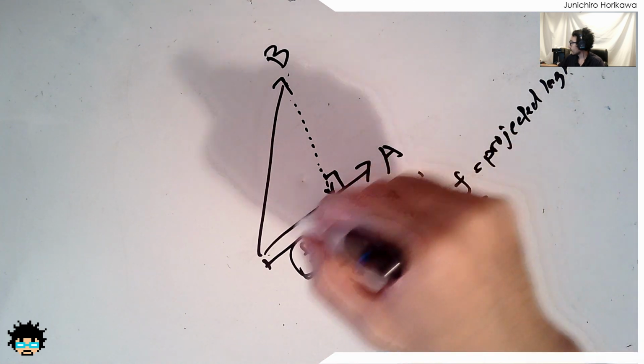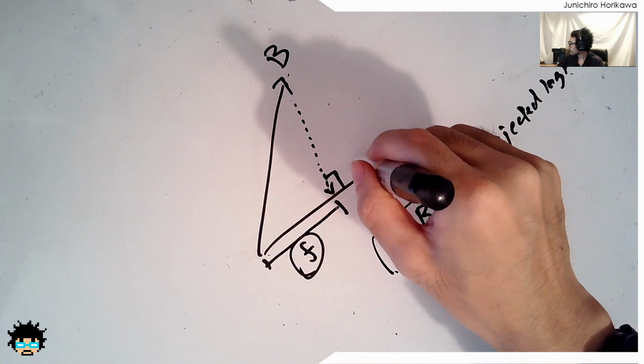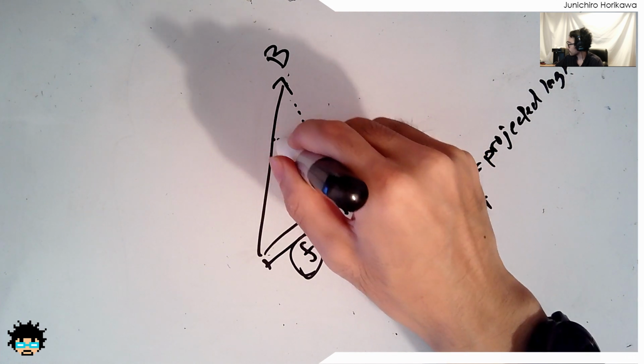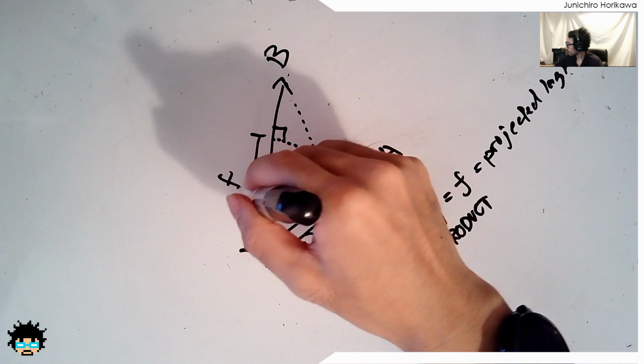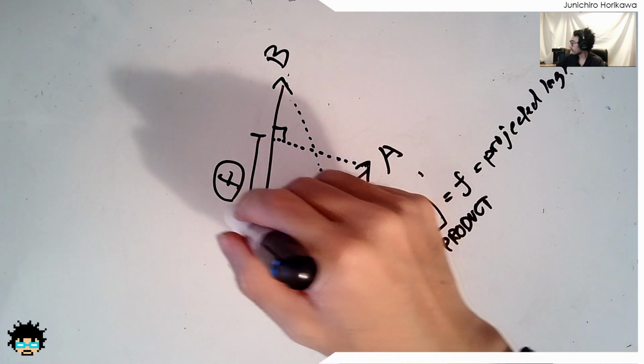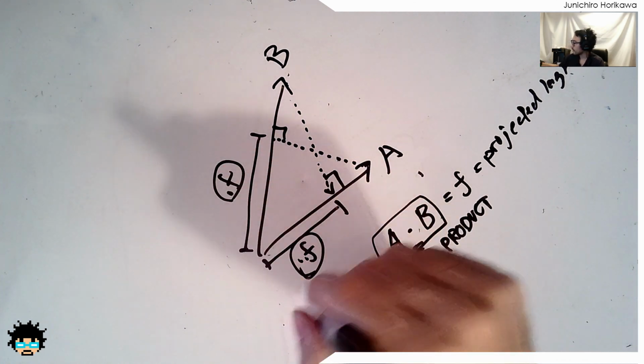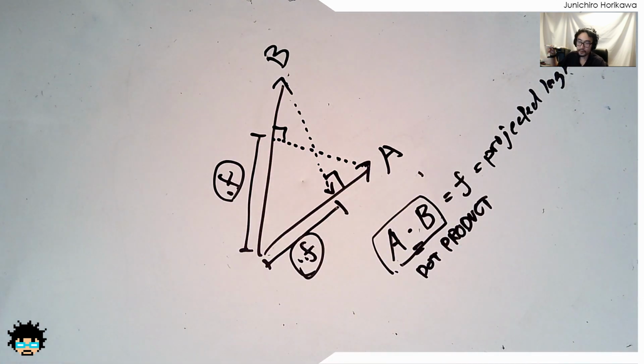It's the same for A to B. If you project A to B, you get this projection, and this length is also equal to F, so that is equivalent. It's the same value. So the projected value is the dot product result.